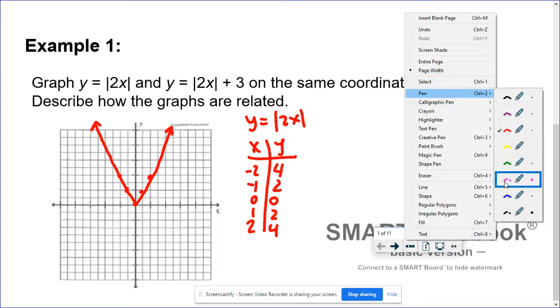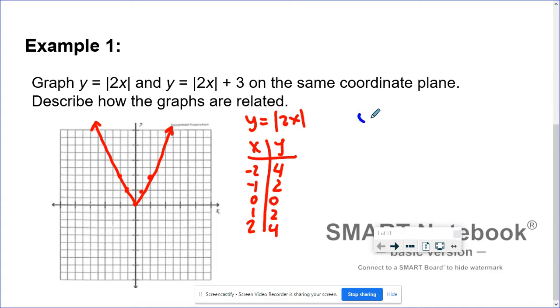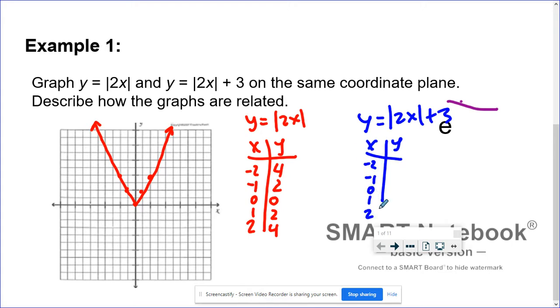So let's take a look. If I do the same thing, y equals absolute value of 2x plus 3. So you've got x and y. Same x's, -2, -1, 0, 1, and 2.